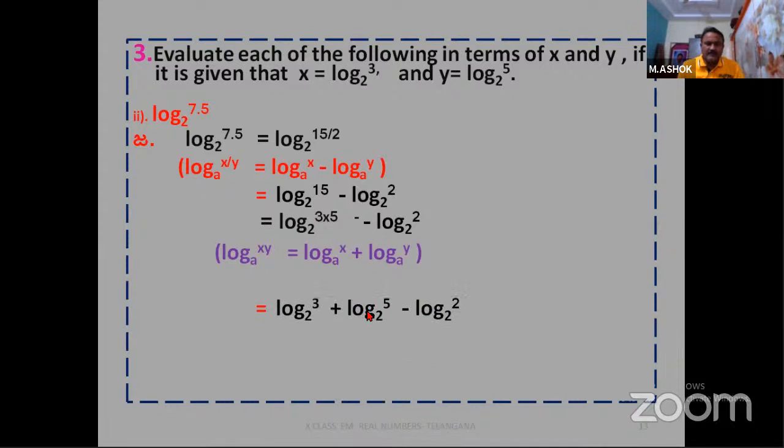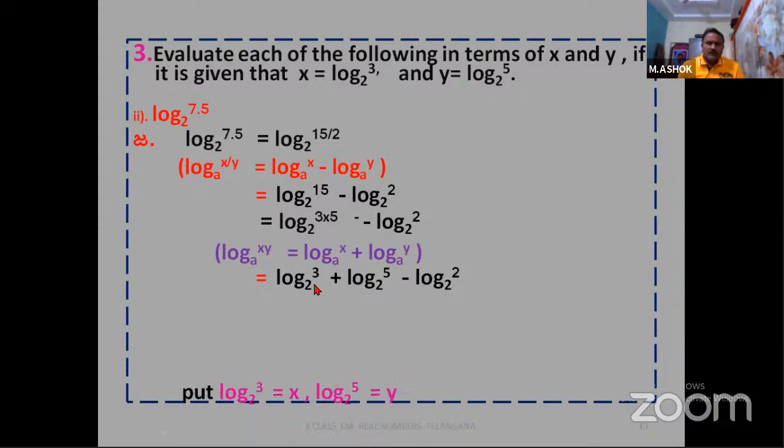So log 3 plus log 5 minus log 2 base 2. Log 3 is equal to x, log 5 is equal to y, as he has given. So simply replace. For this we write x, for this we write y, x plus y, and its value is 1. So log 7.5 base 2 is equal to x plus y minus 1.